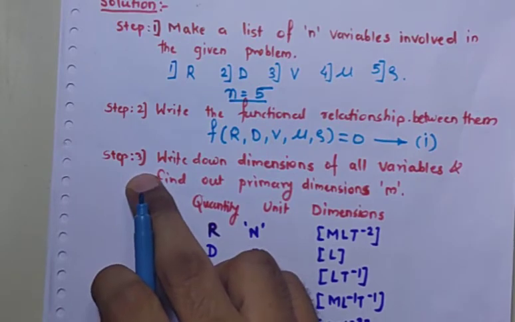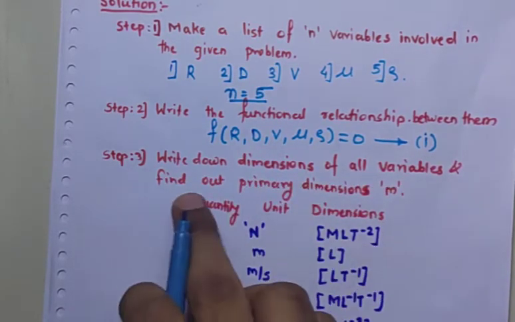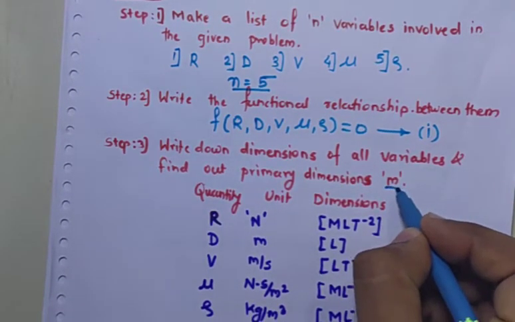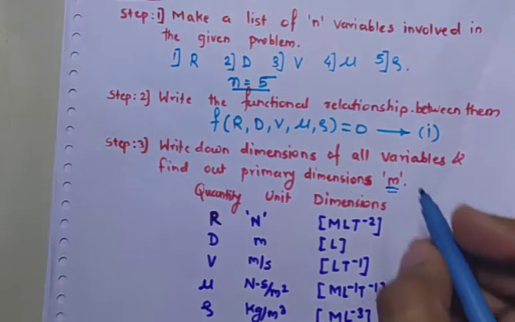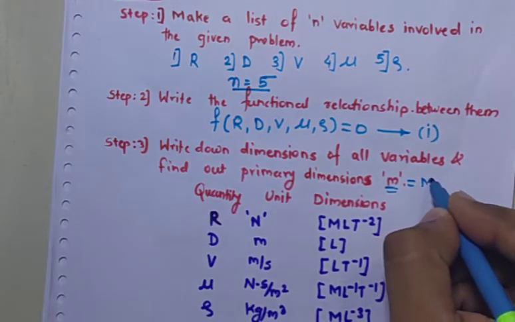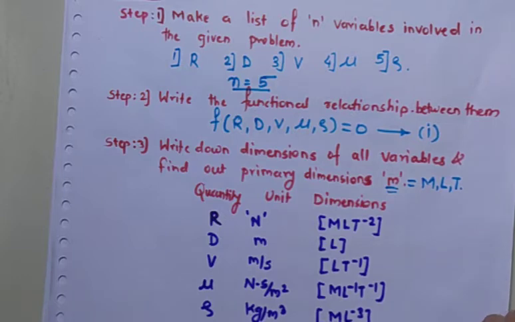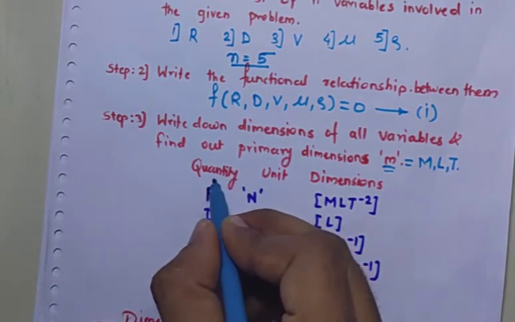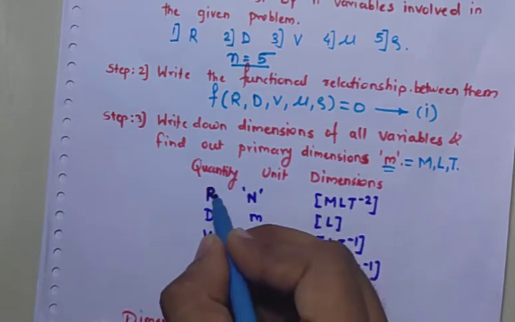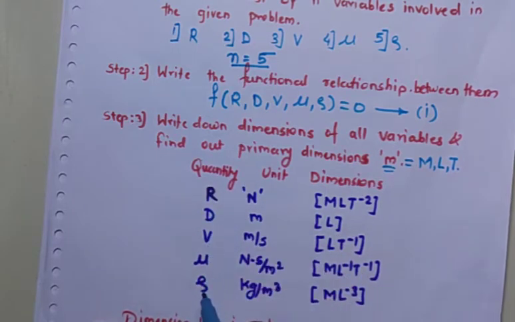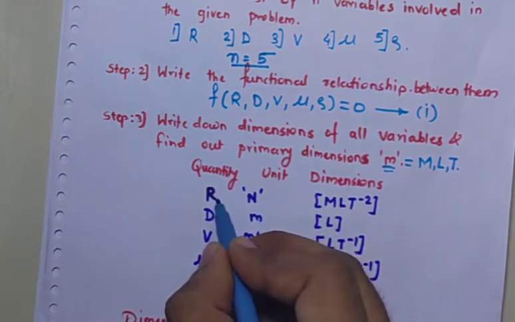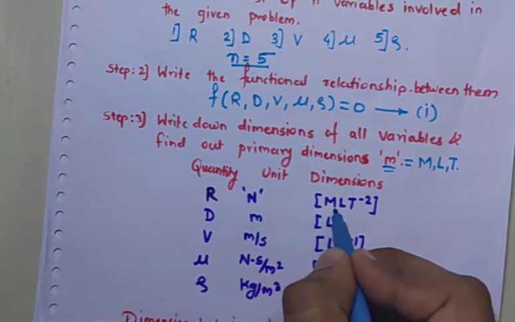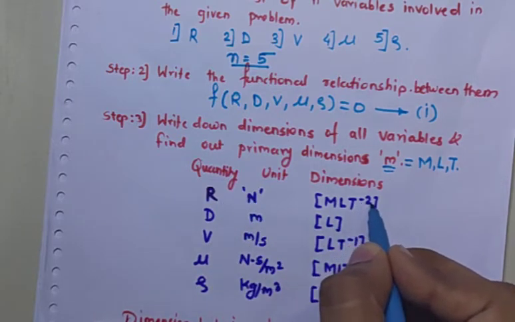Now step number 3 is to write down the dimensions of all variables and find out the primary dimensions, small m. Here primary dimensions are generally M, L, T. So I have made this table, where you will find quantity, unit and dimension. Quantities are R, d, v, mu, rho. Unit of R, though it is resistance, it is one kind of force, so its unit is Newton and dimension is M L T raised to minus 2.